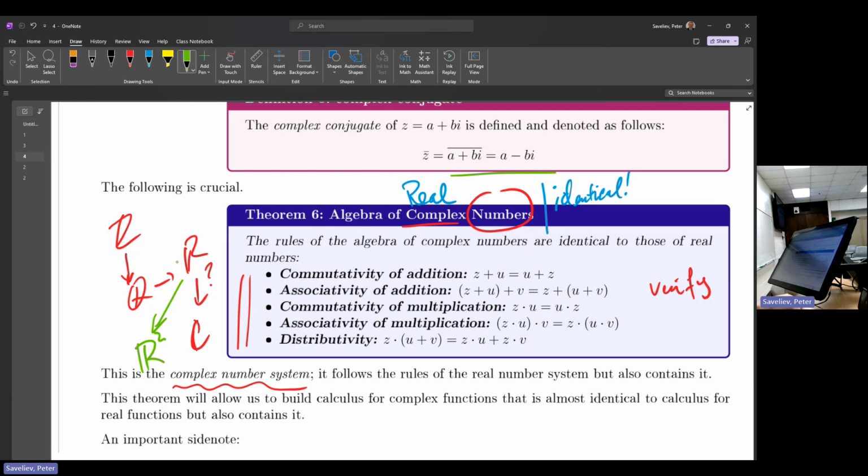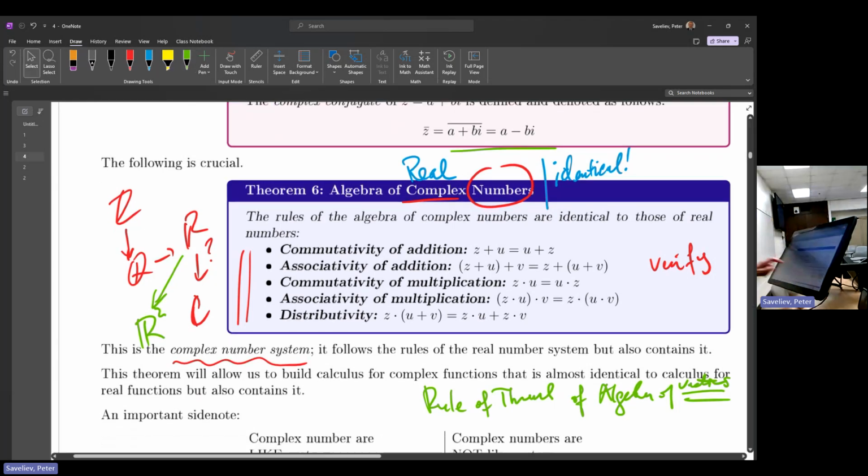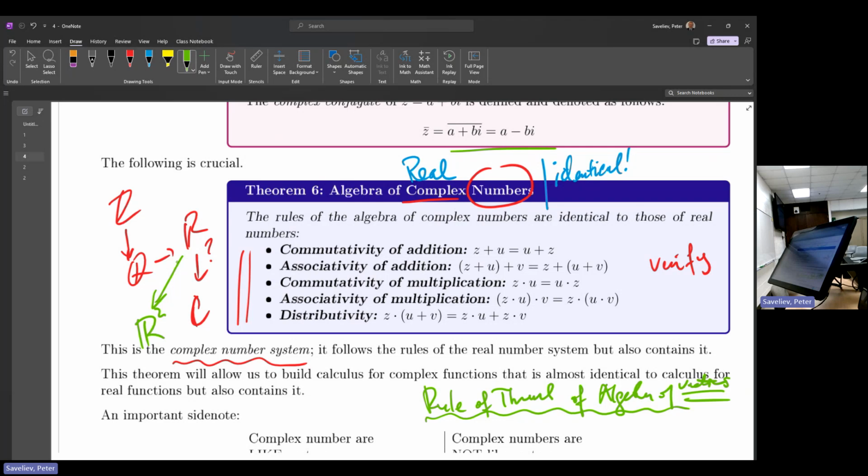Otherwise, you might also remember there's a rule of thumb for the algebra of vectors, and now we're also applying it to complex numbers. What's the rule of thumb? Treat vectors as if they are numbers.